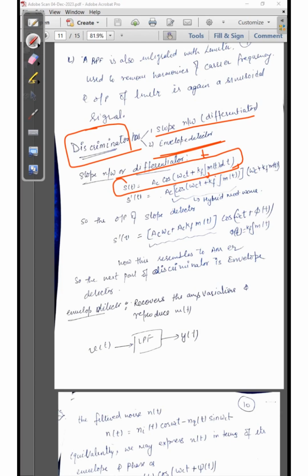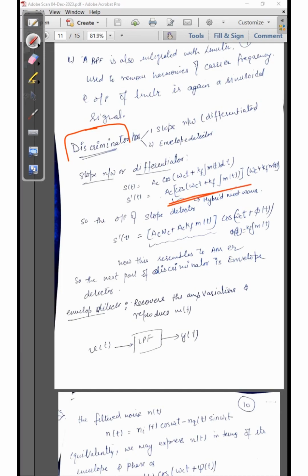This is the equation. Now if I differentiate this equation, what will I get? I will get Ac cos omega ct as it is into (omega c plus kf m of t), correct? Now you can see that this equation S dash of t is a hybrid modulated wave, in which this part is for frequency modulation and this part is for amplitude modulation, right? So we get an equation which is frequency modulated as well as amplitude modulated.